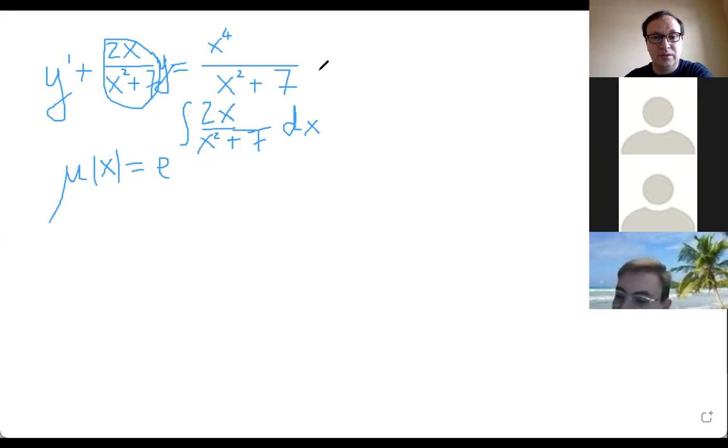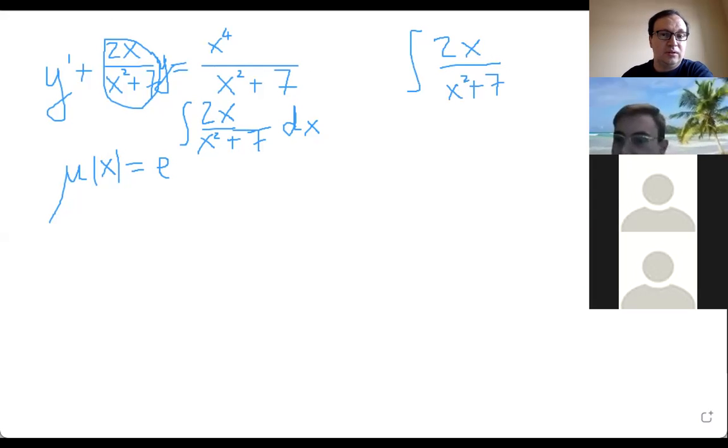Well, that's computed. So integral of 2x over x squared plus 7. In this integral, we are going to make the substitution. Let u be equal to x squared plus 7.